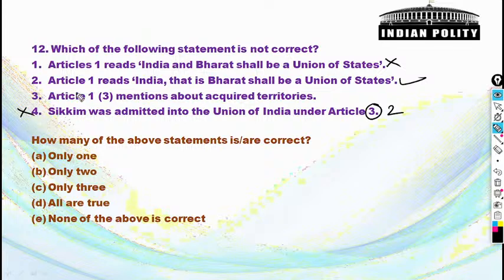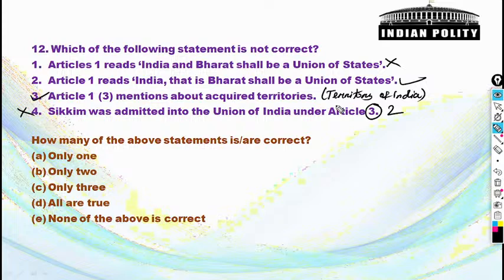Article 1 clause 3 mentions acquired territory. The term territory of India, which is used in the Constitution, covers the territory of the states, the territory of union territories and acquired territory.